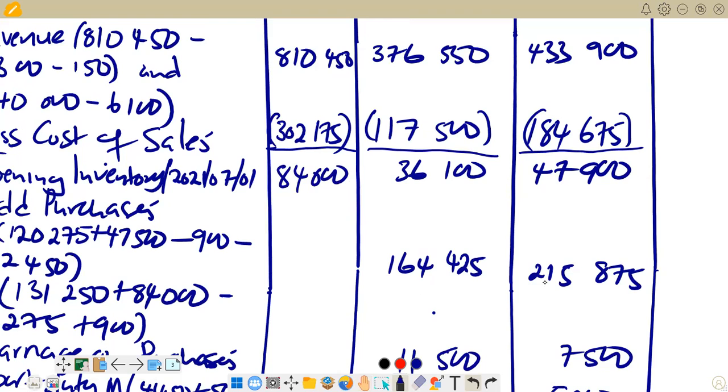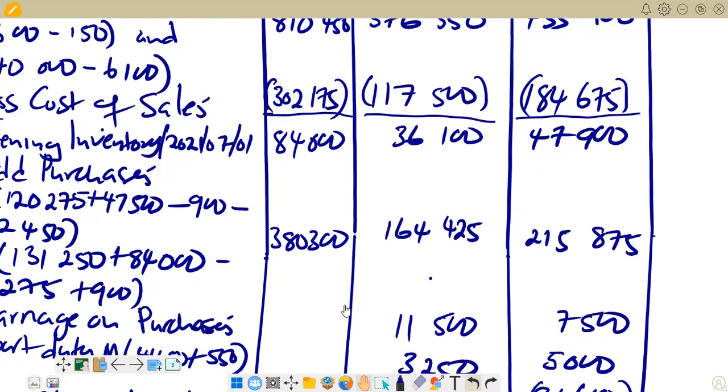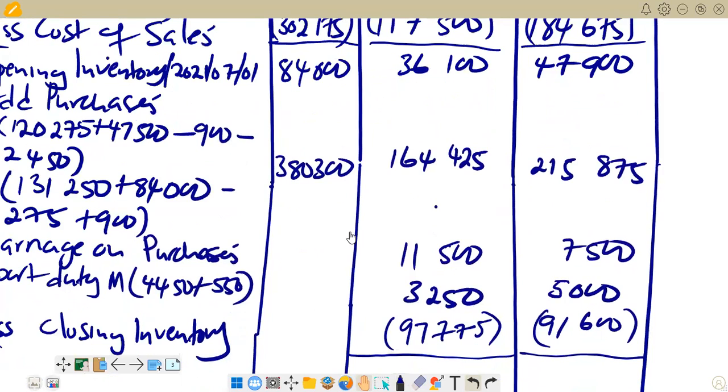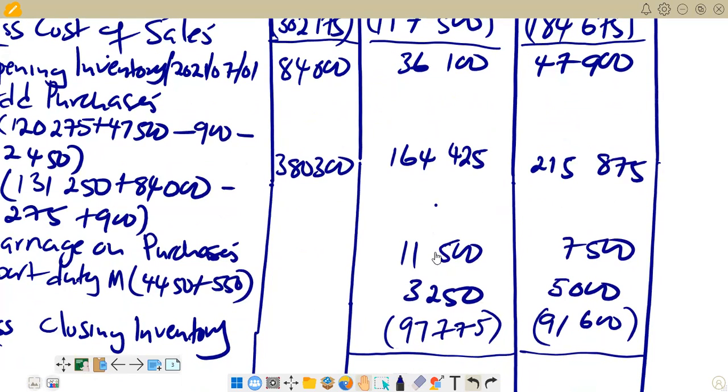Then here again, you add this one and this one, you're supposed to get 380,300. Right, so you go down to see the totals that we have there. Then also you add this one plus this one to get 19,000 there.